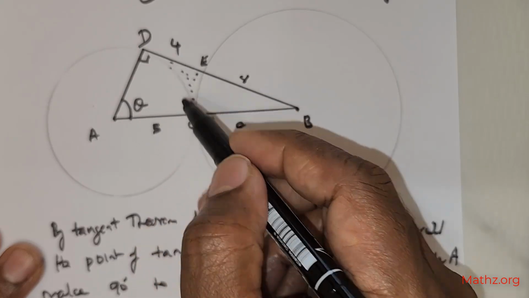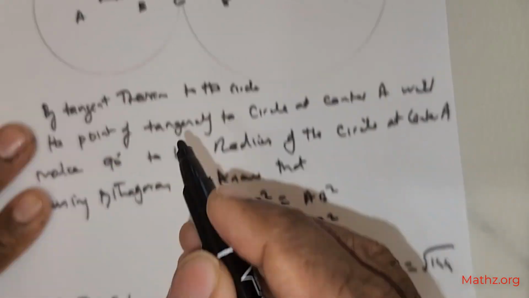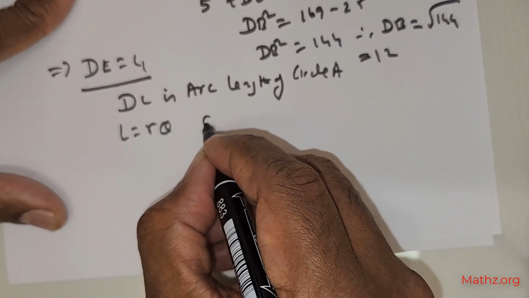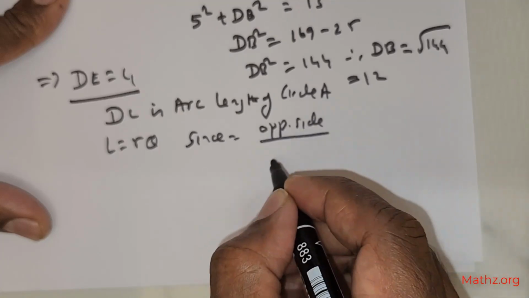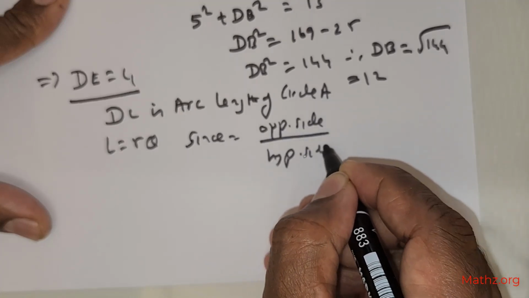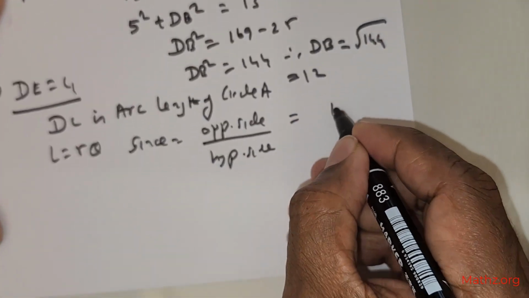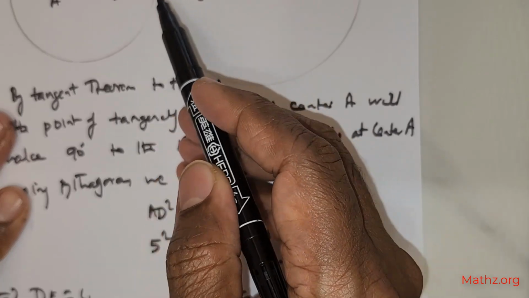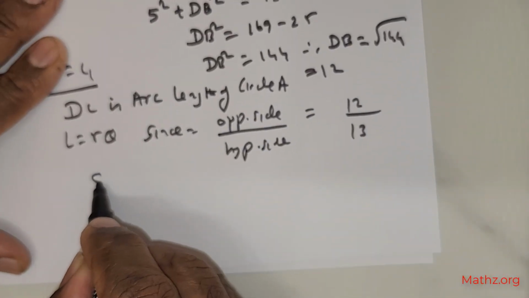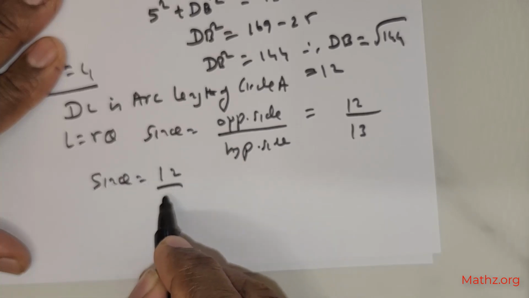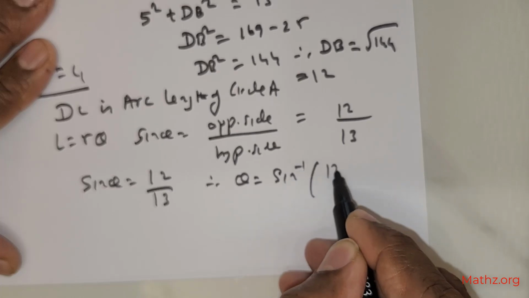So sine theta is opposite side over hypotenuse. My opposite side is 12 units and my hypotenuse is 13 units. So sine theta is 12 over 13. So therefore theta is sine inverse of 12 over 13.